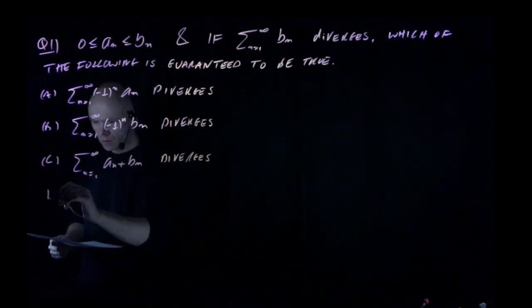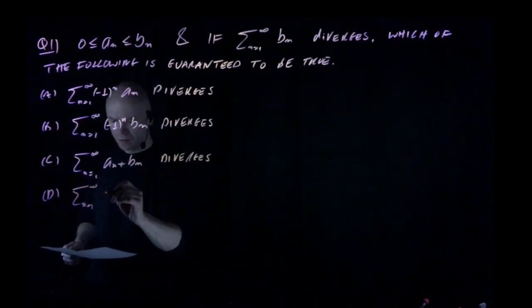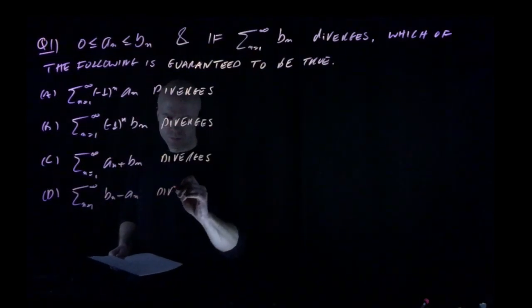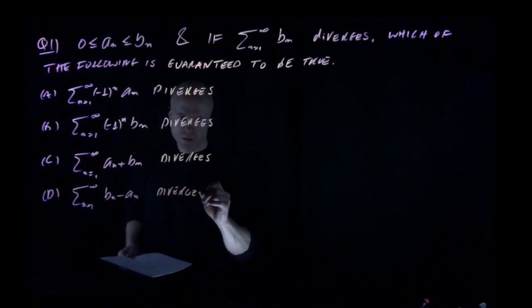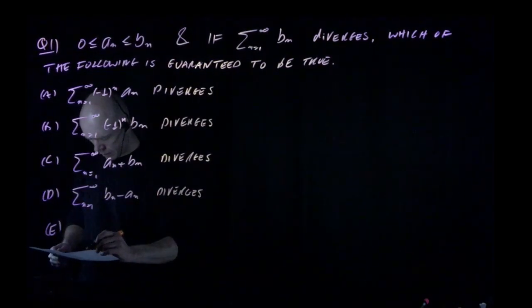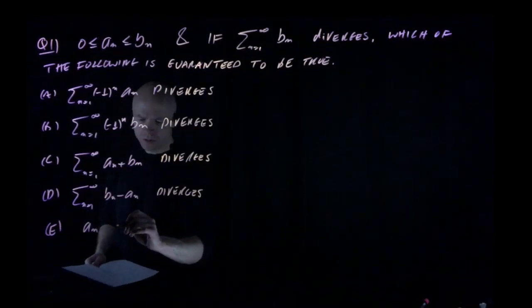And the fourth is that the sum from n equals 1 to infinity of bn minus an diverges. And the fifth is that an does not converge to 0.